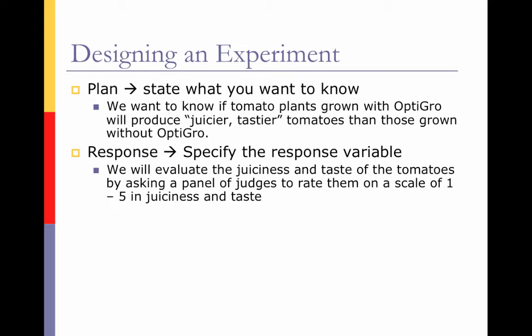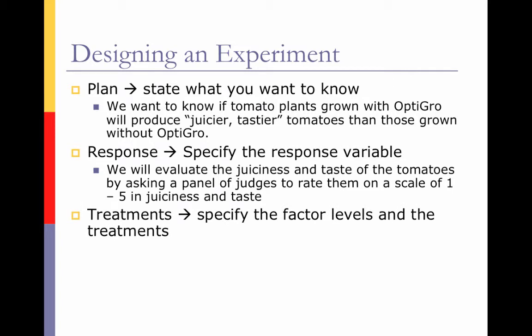So in this case, we'll evaluate the juiciness and the taste of the tomatoes by asking a panel of judges to rate them on a scale of 1 to 5 in juiciness and taste. Your treatments. This is where we have to specify the factor levels and the treatments. Our factor is the fertilizer.